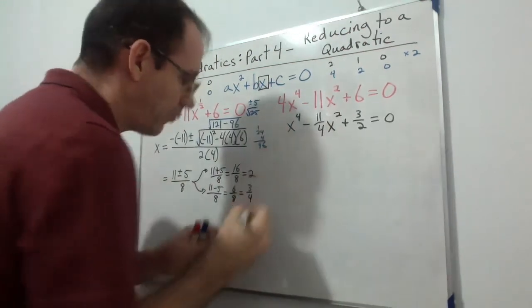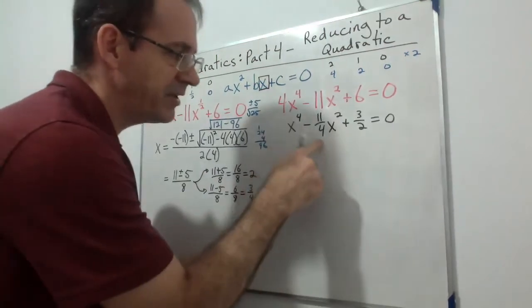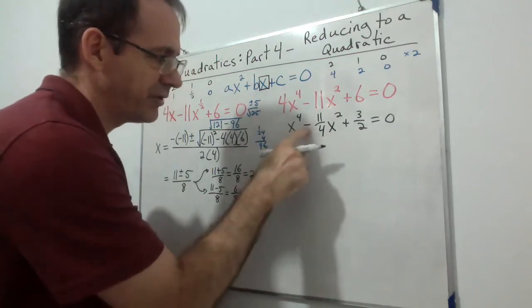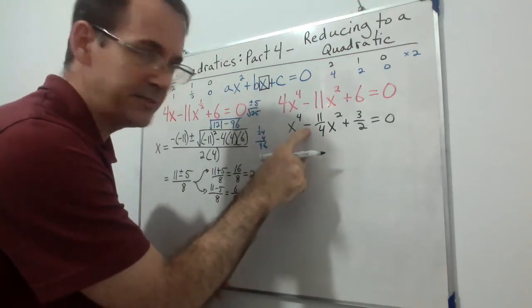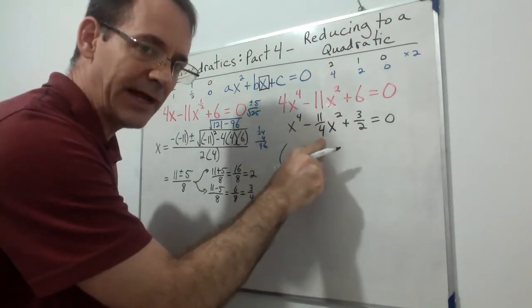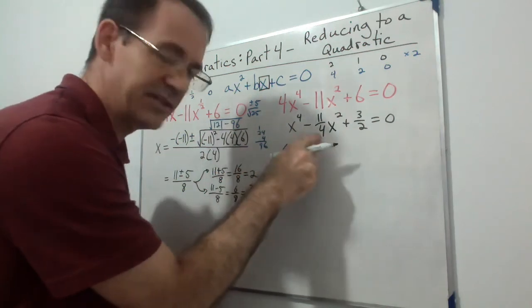So we start off with the midpoint. The midpoint is the opposite of b divided by 2. So the opposite of a negative is a positive. B divided by 2. Remember, when you divide a fraction by a number, it's the same thing as multiplying the number into the denominator.